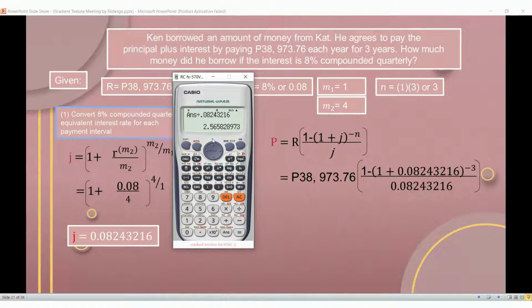Yan ay magiging sagot niya. Then, i-multiply naman natin sa ating R. Ang R natin ay 38,973 pesos and 76 centavos. So, yan. Ito na yung ating P.